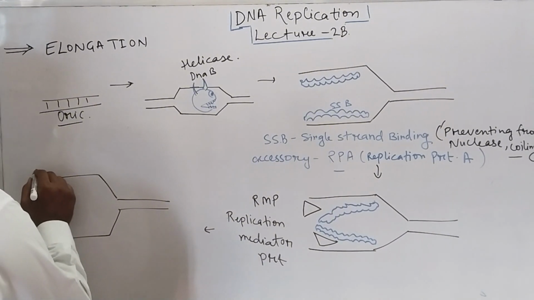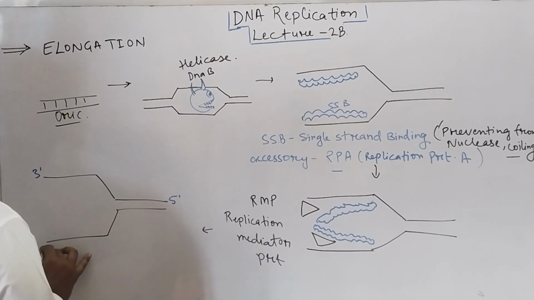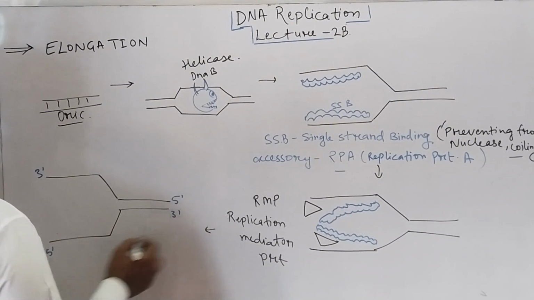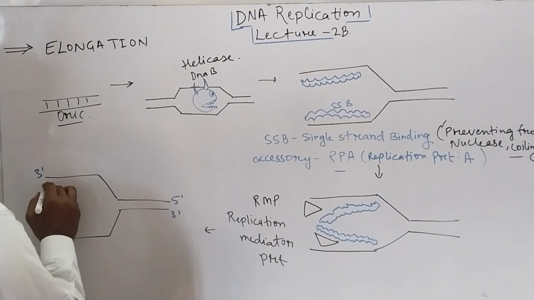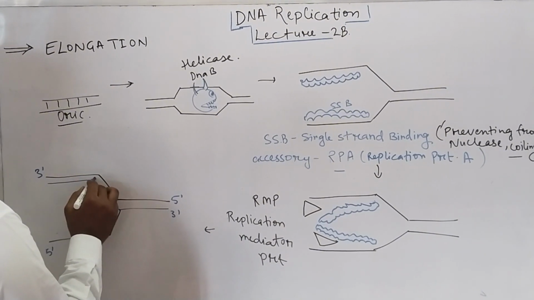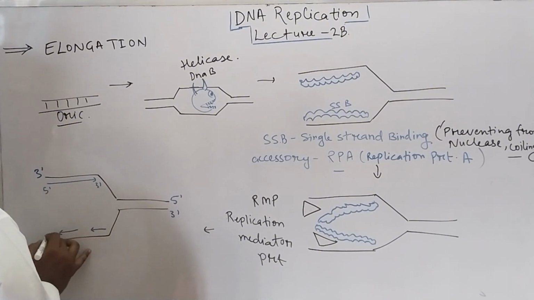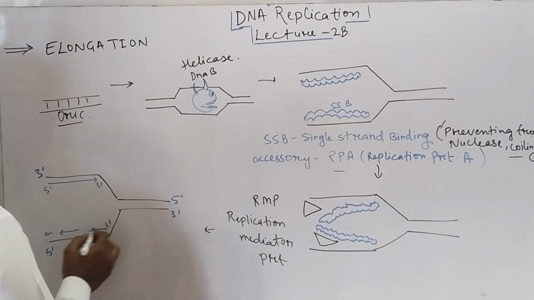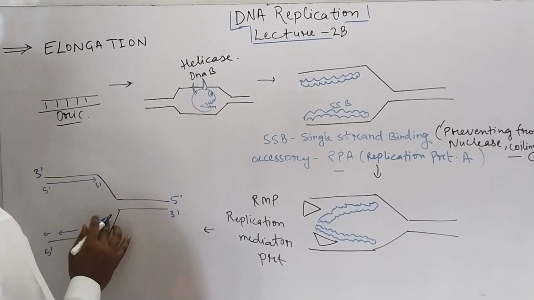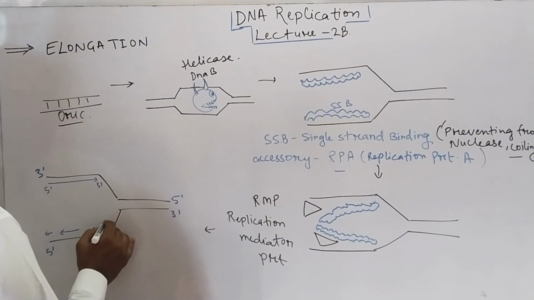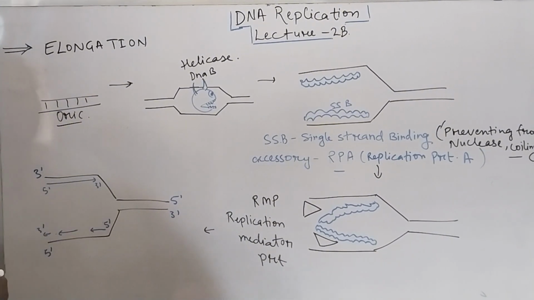This is 3 prime to 5 prime, this is 5 prime to 3 prime, and here you will get 5 prime to 3 prime. Okay, and it is done by what?